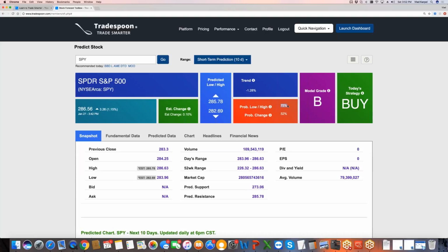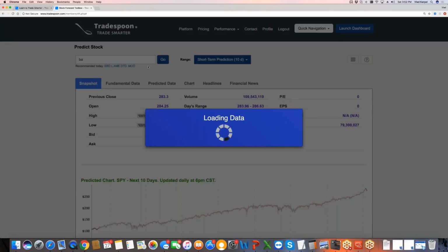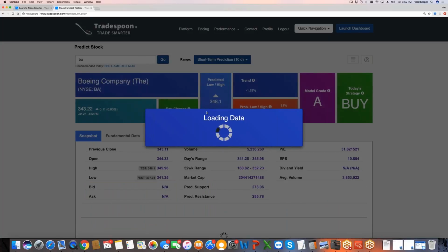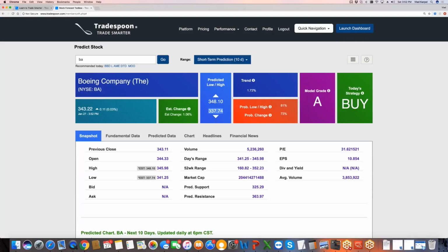Basically, the model runs a backtest and says, for spiders, when we predicted on Monday that the low would be 282.69, 75% of the time the stock market will close above 282.69. If I type in Boeing, we predicted on Monday the low would be 337.